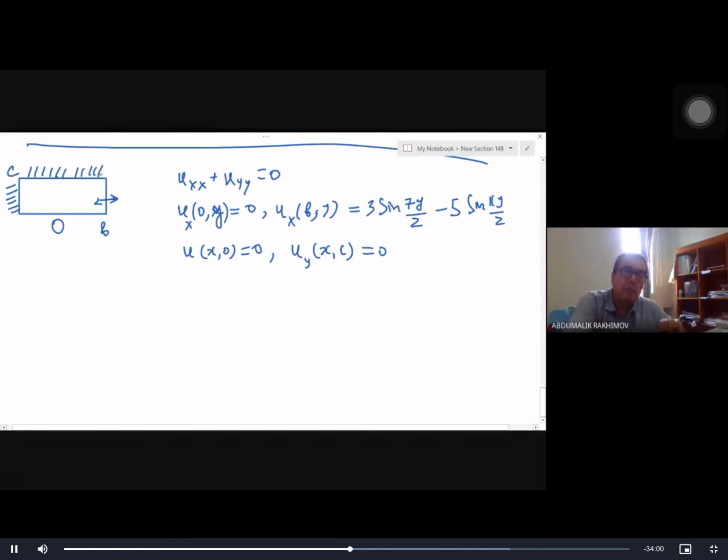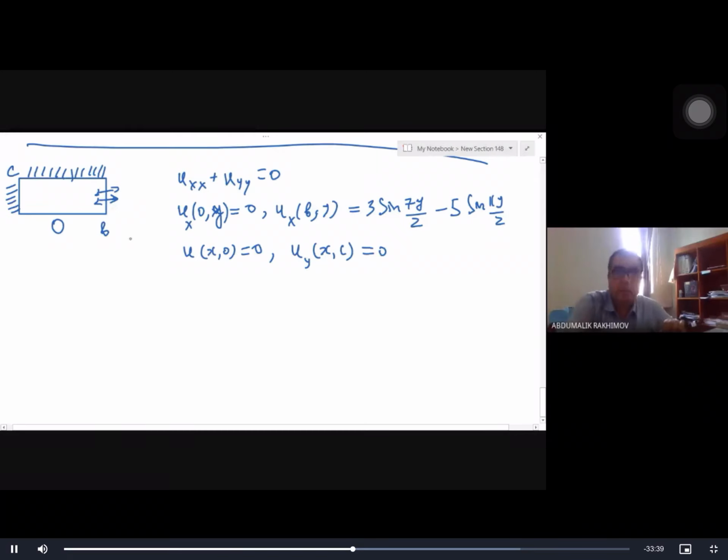So we have 0 on this boundary. Two boundaries are heat isolated, and here we have a heat flow equal to 3 sine 7 y over 2.